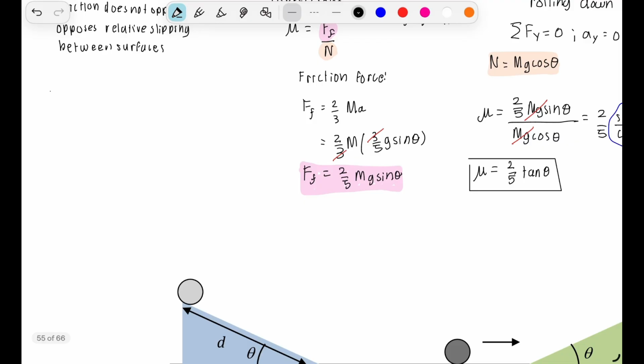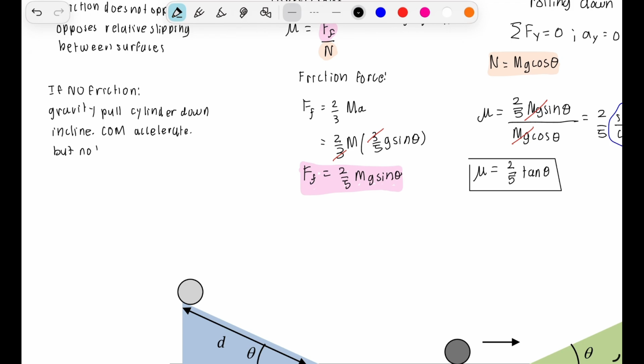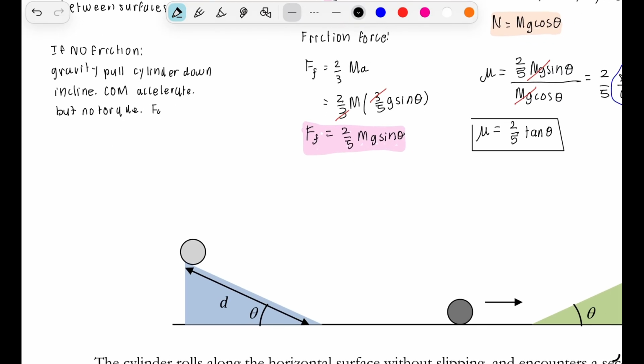If there was no friction, that would mean that gravity pulls the cylinder down the incline. That means the center of mass would accelerate, but there's no torque. That's because Fg is at the center of mass, and when it's at the center of mass, then r is equal to 0.